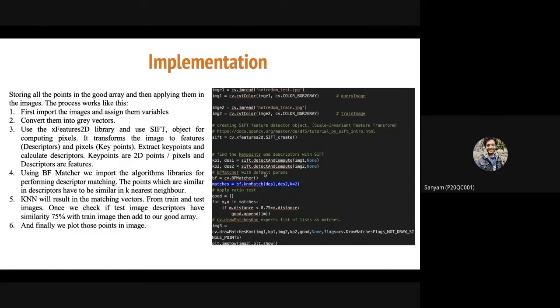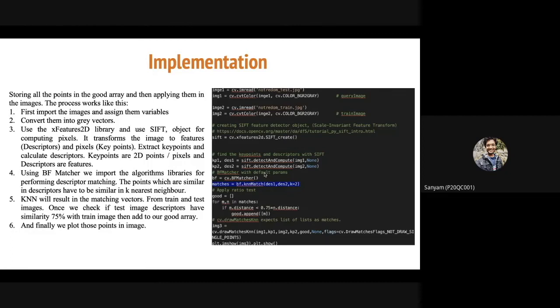Then we consider an interesting point, which is the trade-off, or you can say the fine-tune parameter. You can note that in the fifth point, we check if the test image descriptor has similarity of 75% with the train image, and add it to our good array.